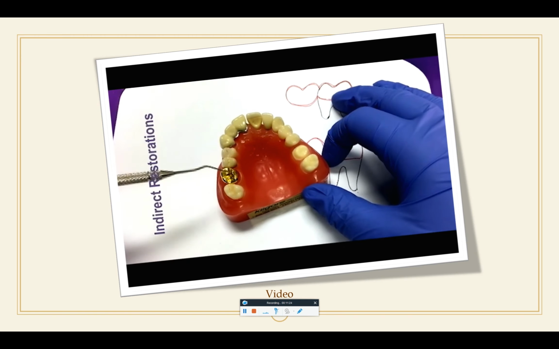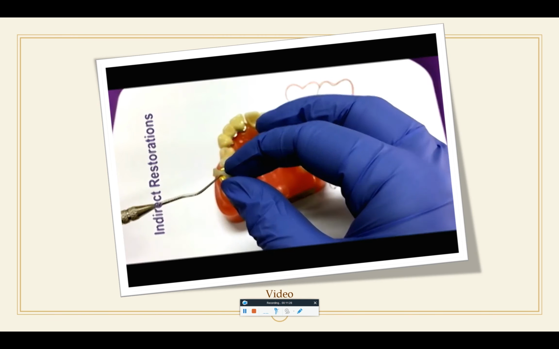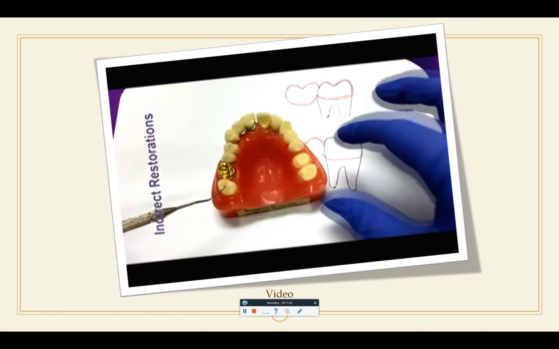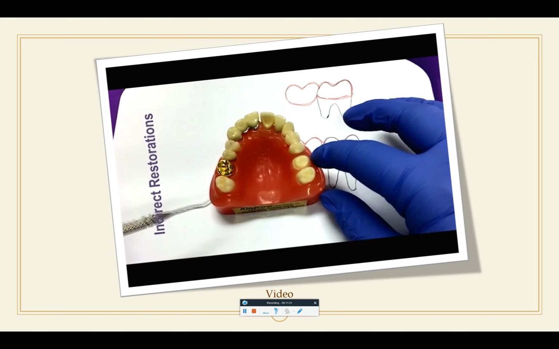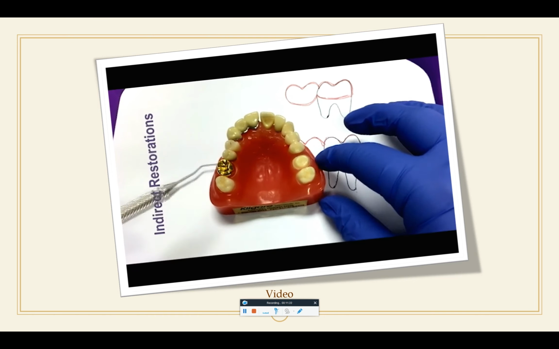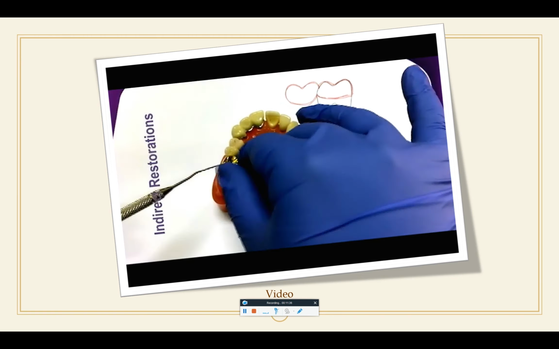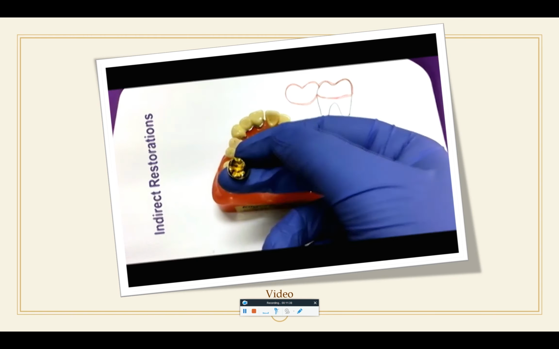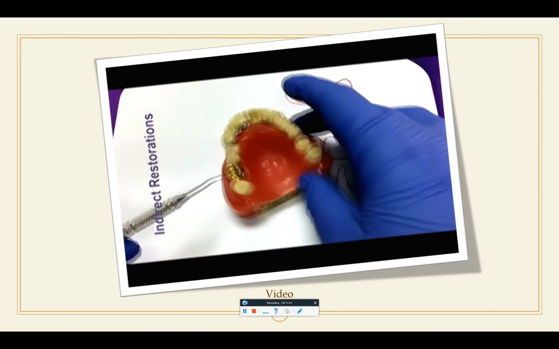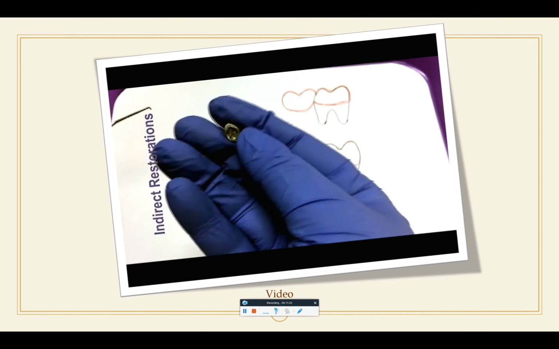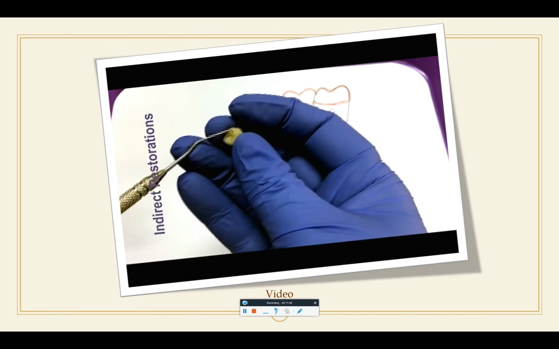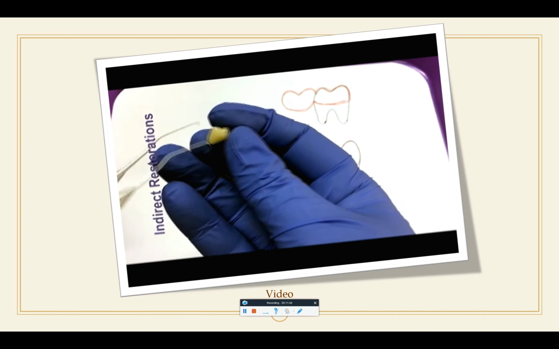Now we move to indirect restoration. All indirect restorations do the same thing, replacing the tooth structure, depending on how much tooth structure is lost and on the type of restoration we're going to use.